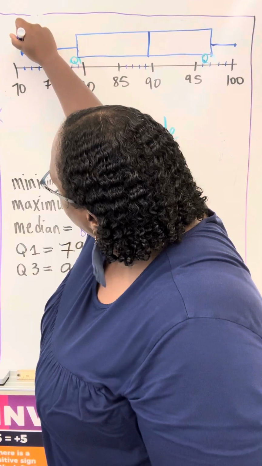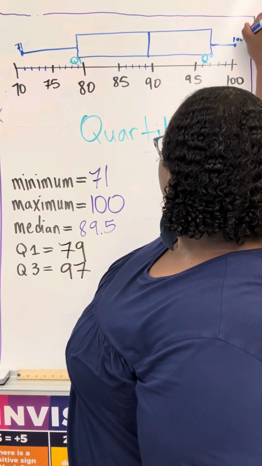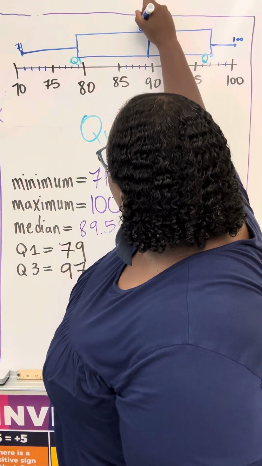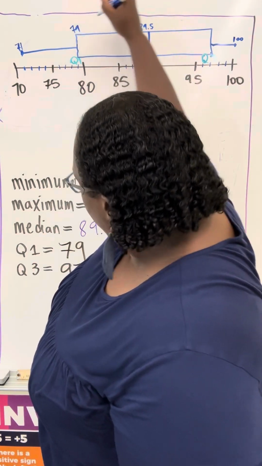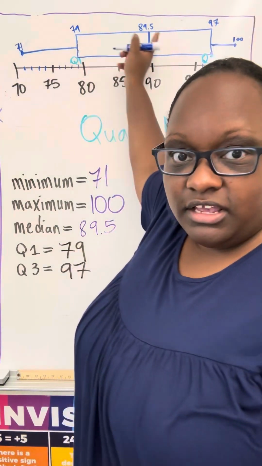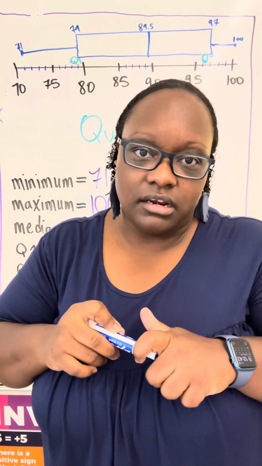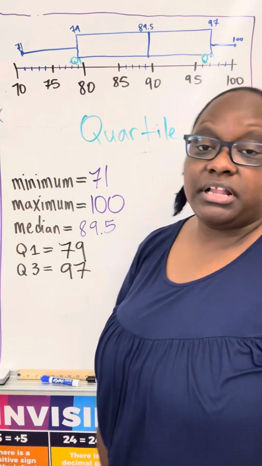So you could say 71, you could say 100, you could say 89.5, you could say 79, and you could say 97. You need to be able to know what the numbers are, essentially. So that is a completed box plot.